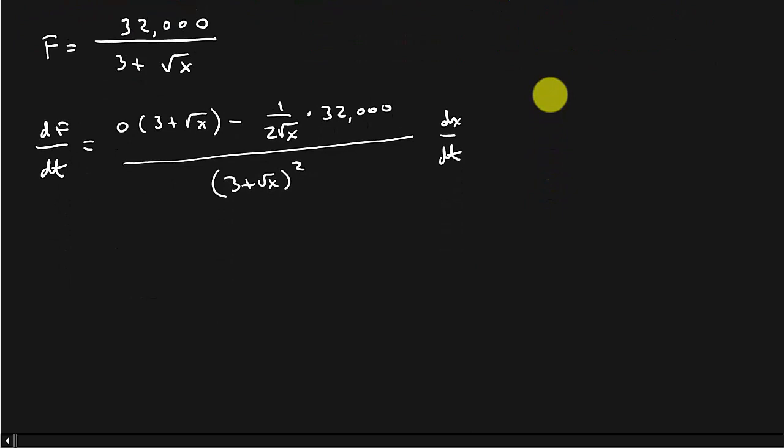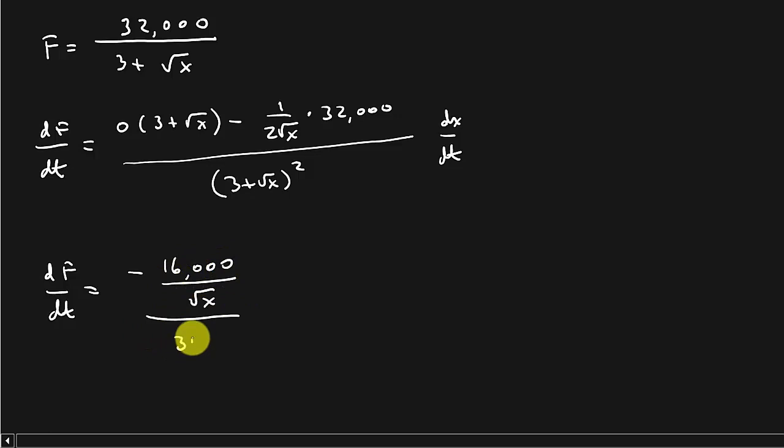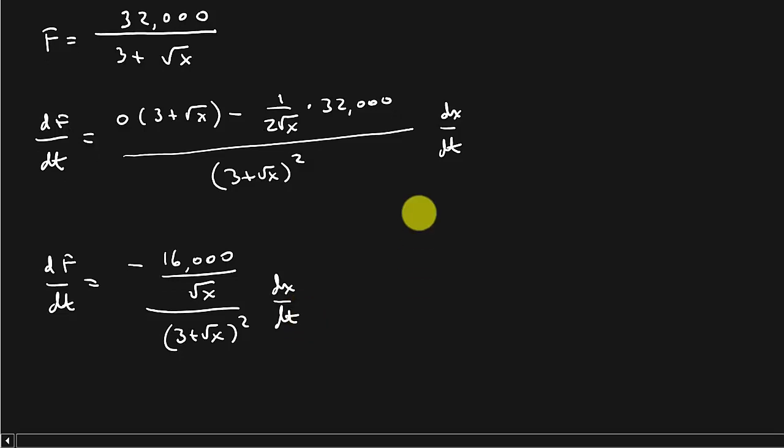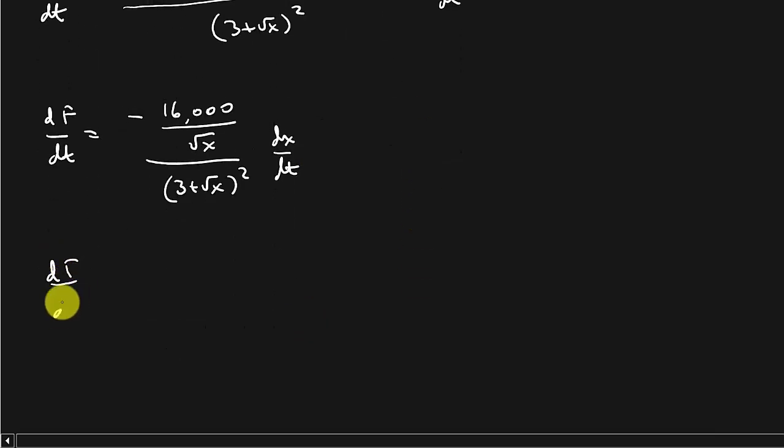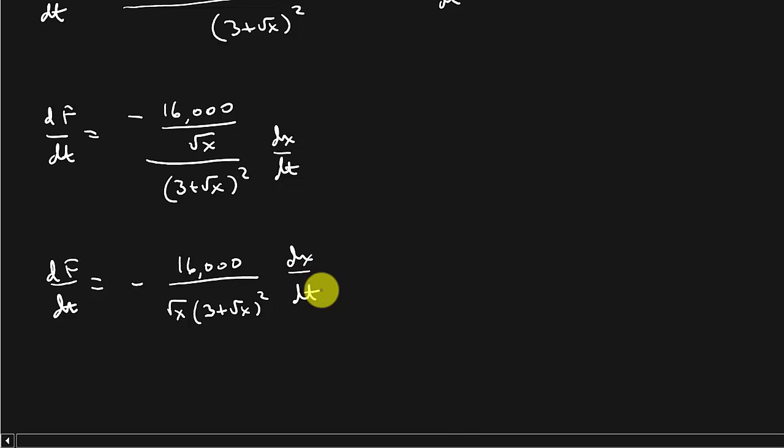So basically df/dt is equal to negative 16,000 over square root of x times 3 plus square root of x squared, dx/dt.